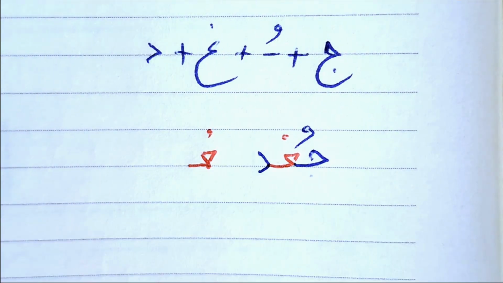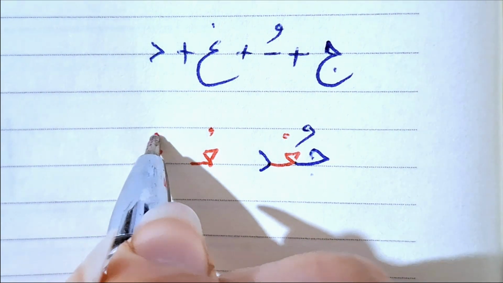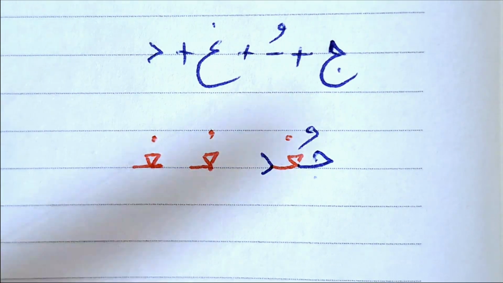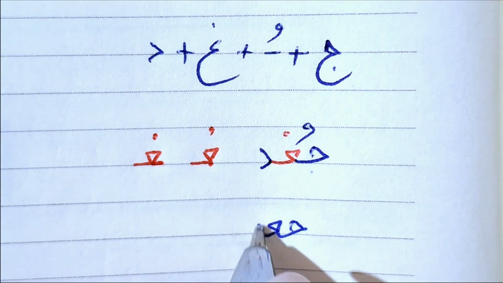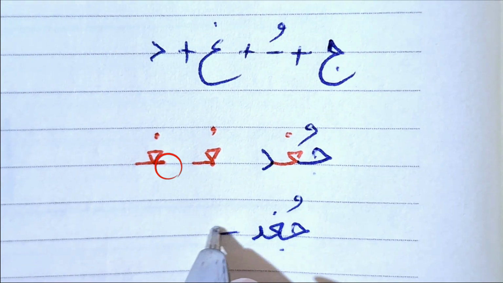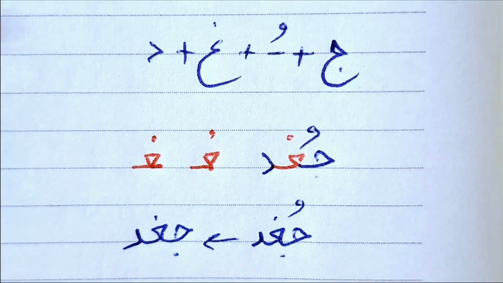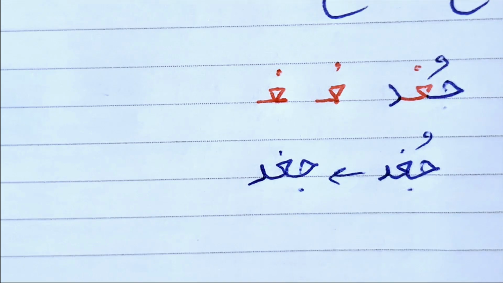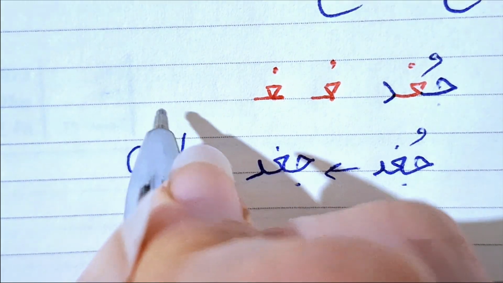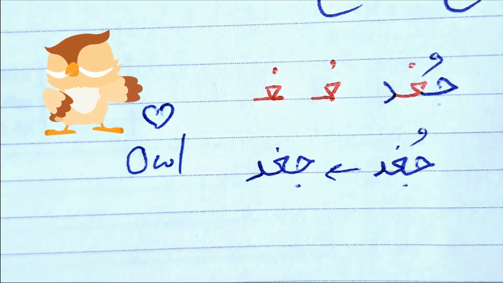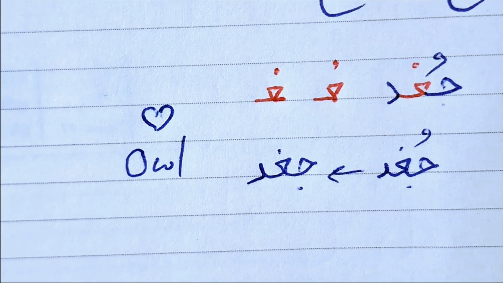See the first and the second one that I write here in red, they're not different, but just because you want to stick the previous letter J to G, you make an extra line here. When you write it separately, you should show it like that, but when you want to stick all the letters to each other, there is no difference. Jogd or owl is a sacred bird in Persian culture, and it's the symbol of wisdom.